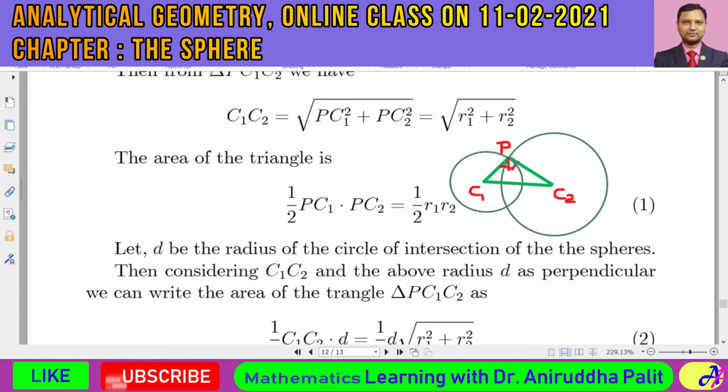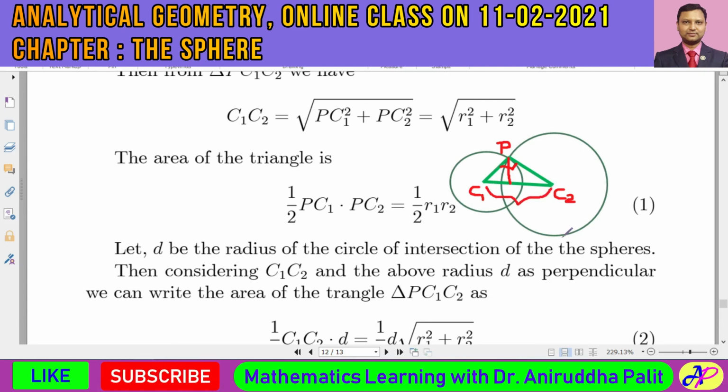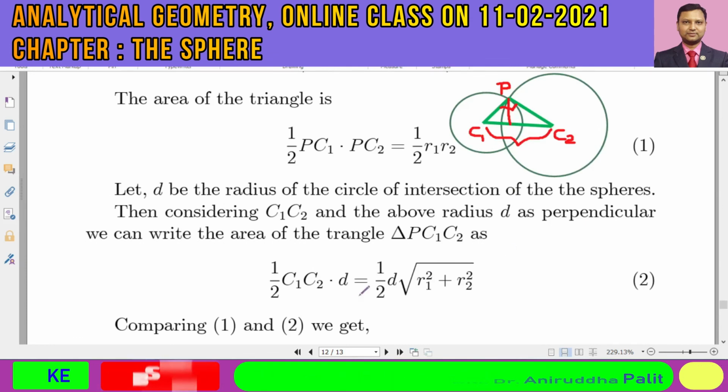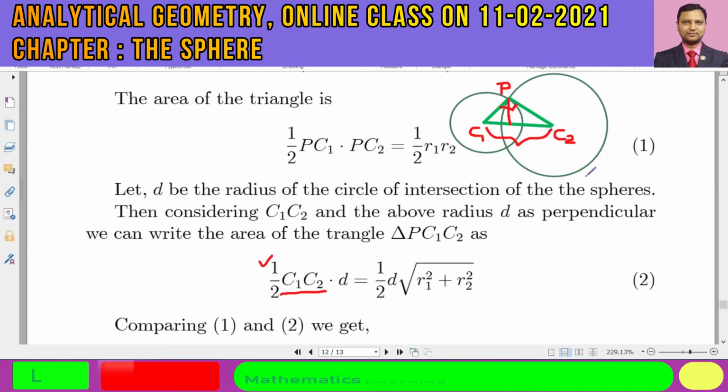Say this is the perpendicular distance, and then we can consider C1 C2 as the base of the triangle. In that case, the area would be equal to half into base, meaning the distance C1 C2, and let us consider this distance, which is actually the radius of the circle of intersection.